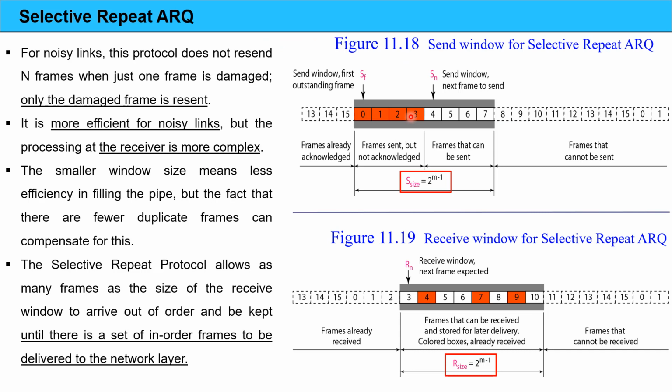If I receive something that was not number 3 correctly, I will send not acknowledgement with number 3. I am waiting for 3.